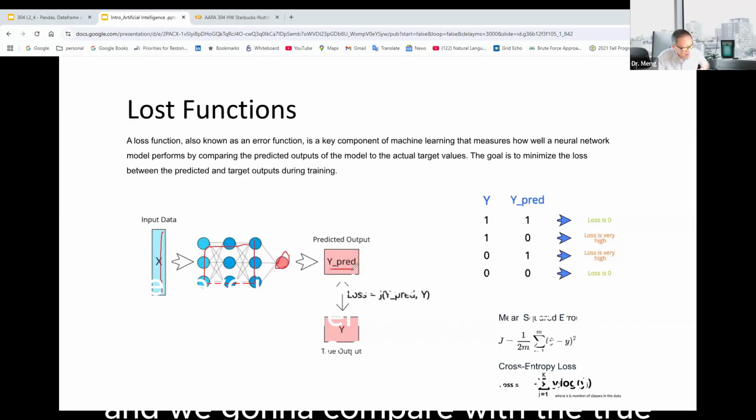So we have a predicted output, which is what the neural network thinks the answer is. We compare it with the true, correct answer, and we only count the errors. So we calculate the loss. This is the way we want to do it.